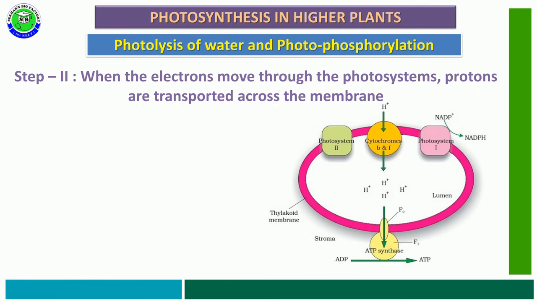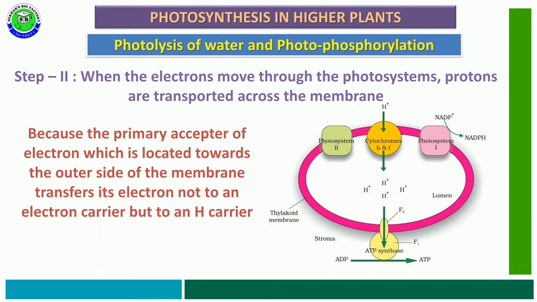Along with this, in step 2, whenever the electron is transported through PS2, cytochrome b6f and photosystem 1, some of the H+ ions are transported across the membrane from stroma to lumen. The primary acceptor of electrons is located towards the outside of the thylakoid membrane, and this primary acceptor is not an electron carrier but an H+ carrier.